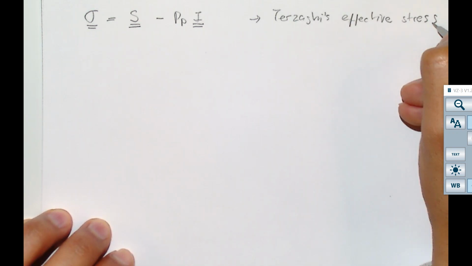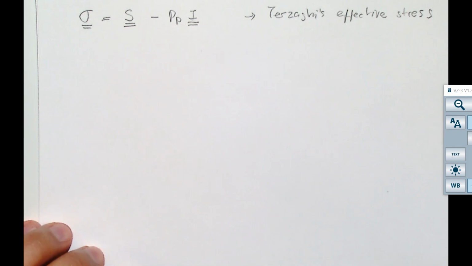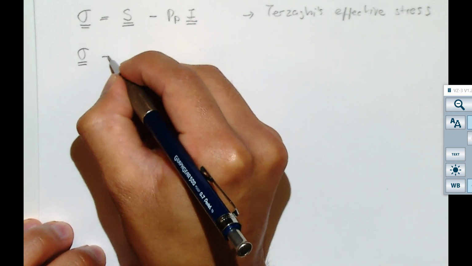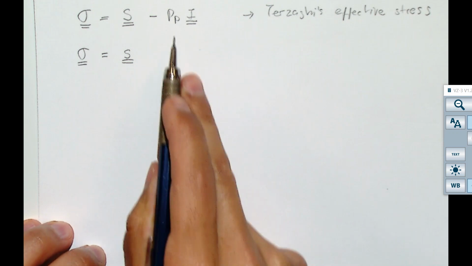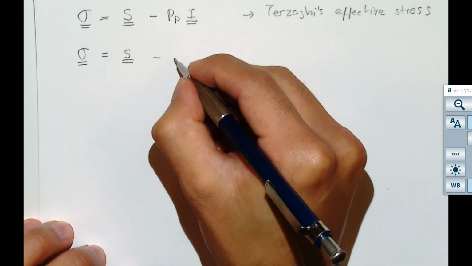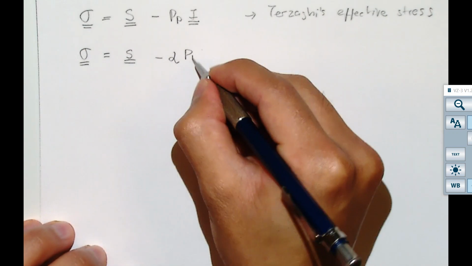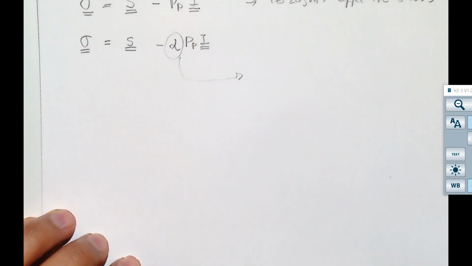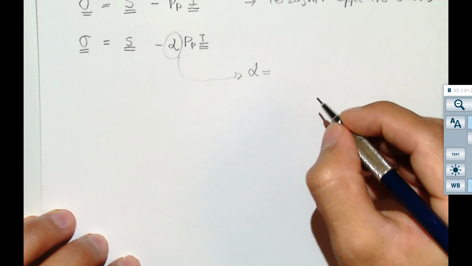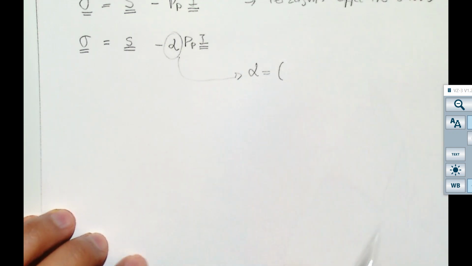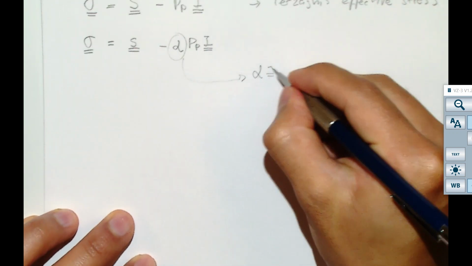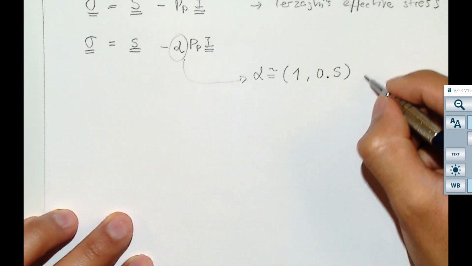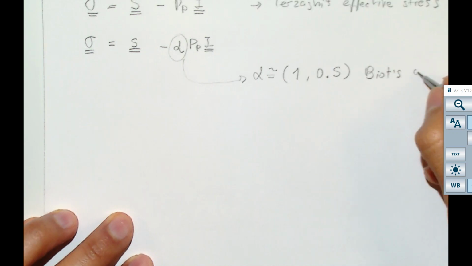In the 50s, there was a gentleman working for Shell that realized that this equation was not very accurate and found that there is a coefficient that corrects that, and it's a coefficient alpha, which is between more or less 1 and 0.5, which is called the Biot's coefficient.